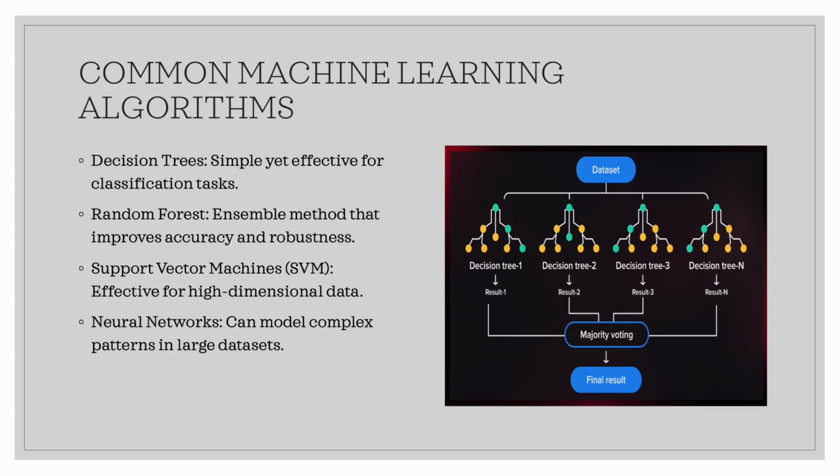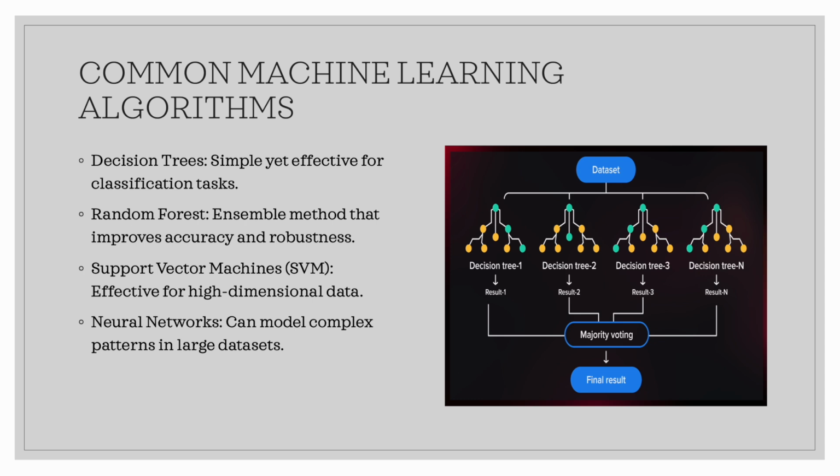Now let us see common machine learning algorithms in intrusion detection systems. Decision trees. The overview of this is simple and powerful for classification and regression by splitting data into subsets. The advantages are that it is easy to understand and interpret, and it handles numerical and categorical data with little pre-processing.